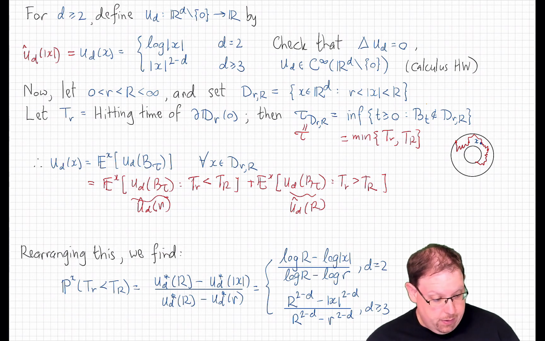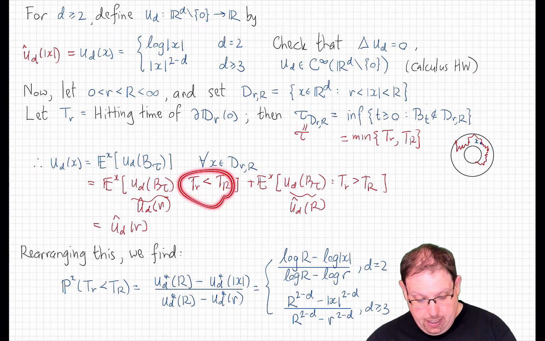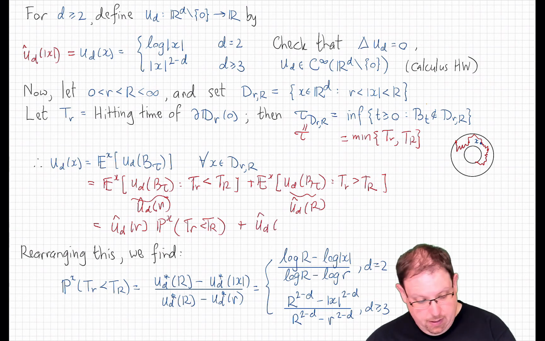We can pull them out, which means that this is u_d hat of little r times the expected value of the indicator of this event, which is the probability of that event, plus u_d hat of big R times the probability of this event, which is 1 minus the probability of this event.